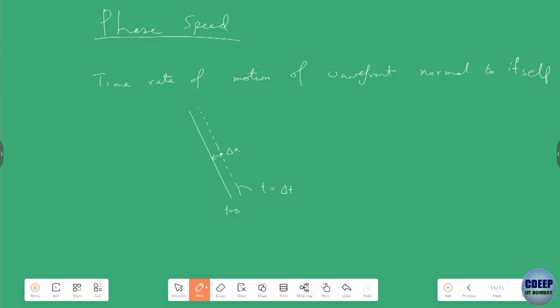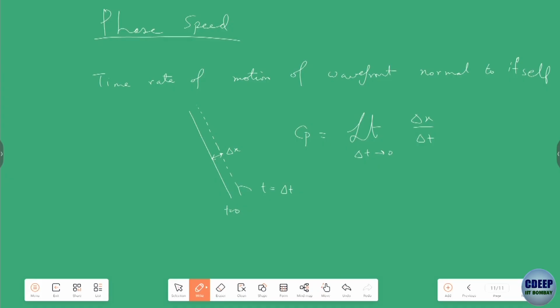So after some time instant, that same phase plane or wave front has moved some distance delta x, and you can again figure out what that delta x will be for that delta t. Please find that out. So then take the limit. So you'll find the Cp, that is the phase speed of the wave, as the limit of delta t tending to 0 of delta x by delta t. That is a definition of velocity. Right? So what is that?